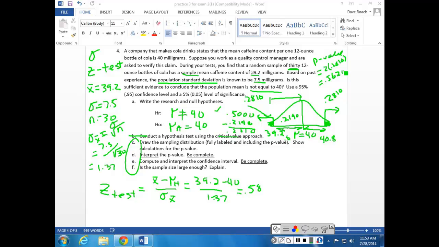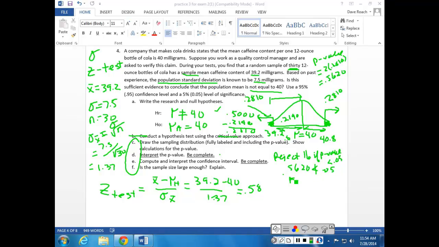So interpret the p-value two ways. I'll be more explicit about this on the test. One is just test the hypothesis. The other one is the conditional statement. Just to test the hypothesis, we're going to reject H0 if the p-value is less than 0.05. 0.5620 is not less than 0.05.